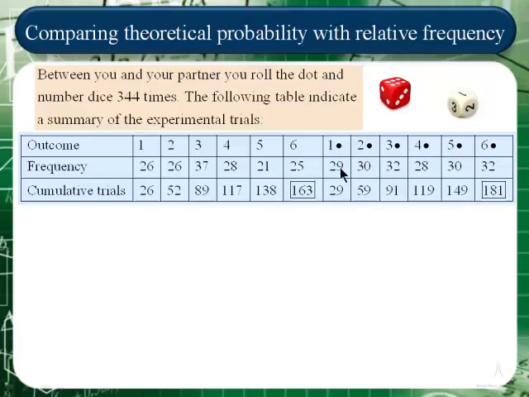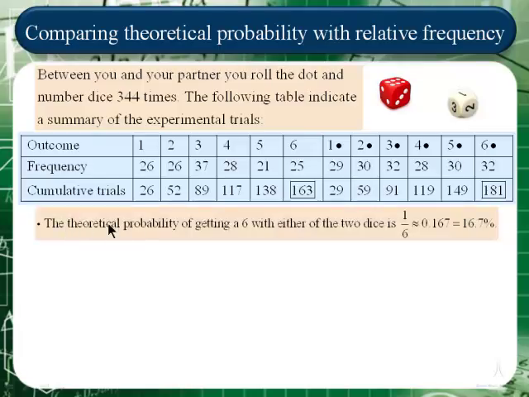And there are the positive outcomes for each of the 6 outcomes. Now what can we learn from this? The theoretical probability of getting a 6 either with the dot die or the number die is 1 over 6, and that is approximately 16.7%.